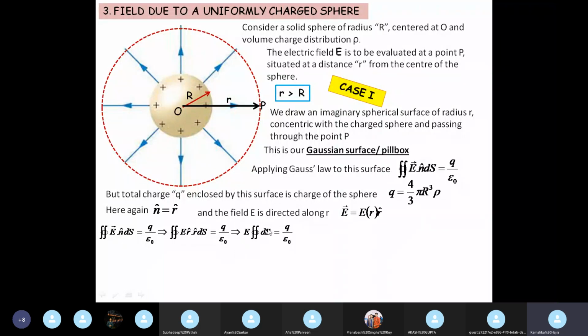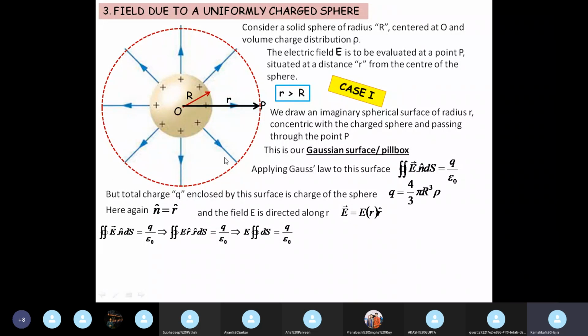So we have E times the surface integral of dS equal to q by epsilon naught, because r cap dot r cap is 1.